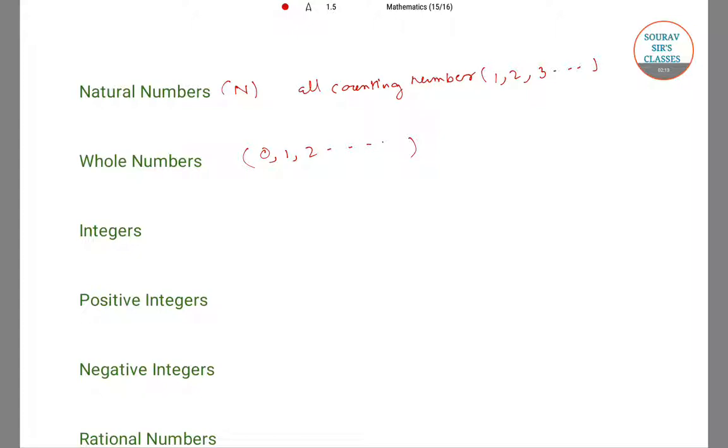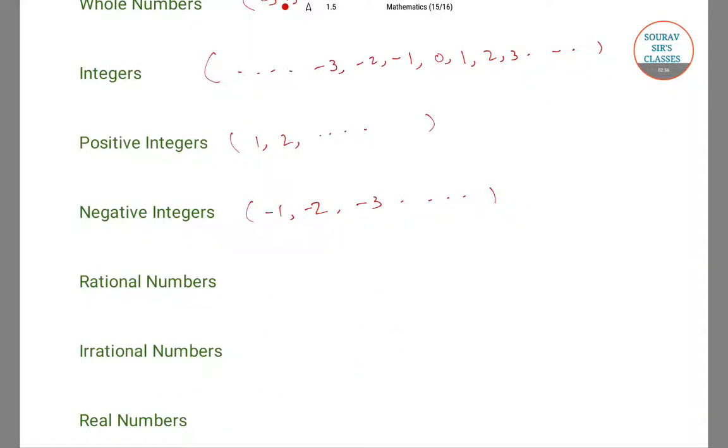Integers are all counting numbers, 0 and negative of counting numbers like -3, -2, -1, 0, 1, 2, 3 and so on. Positive integers are the set of all natural numbers 1, 2, and so on, and negative integers is the set of all the negatives like -1, -2, -3 and so on.